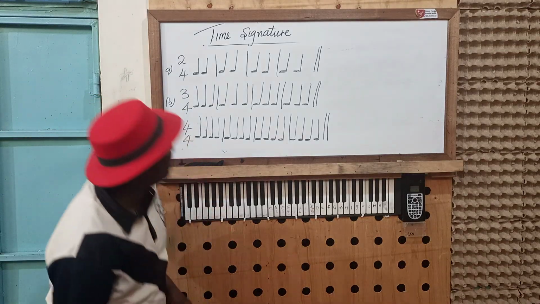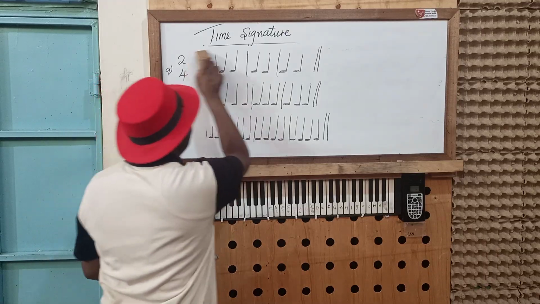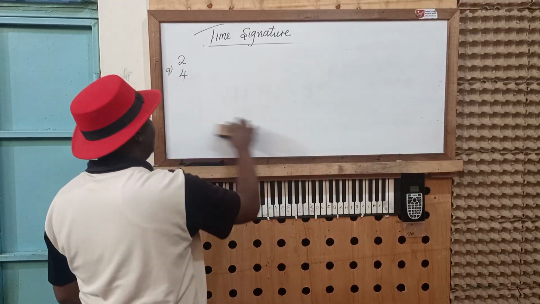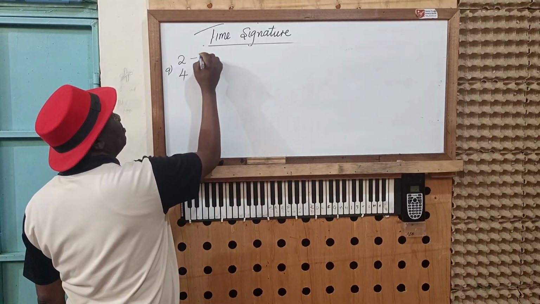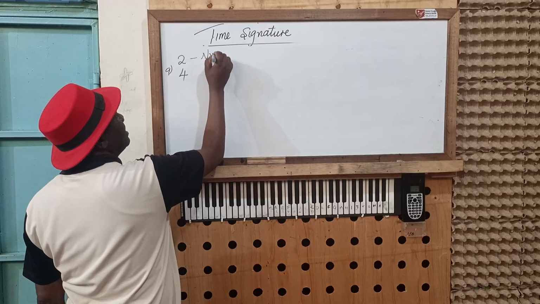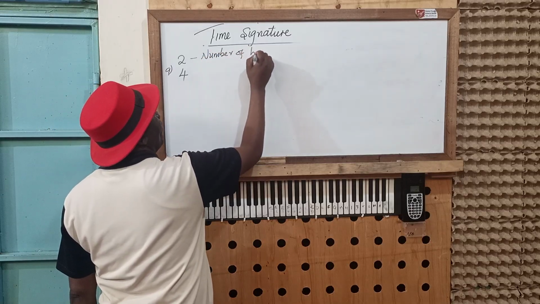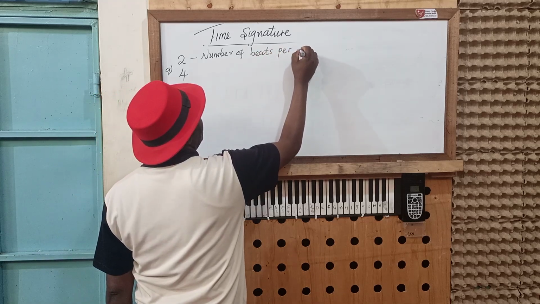Now, I just want to be left with that one alone and examine these two numbers. We call this one the top number, and this number gives us the number of beats per bar.